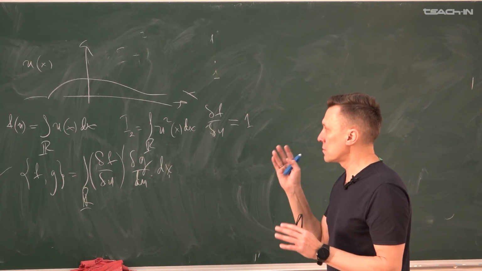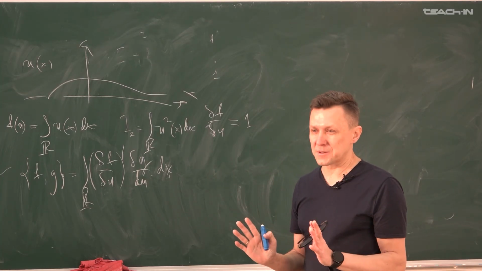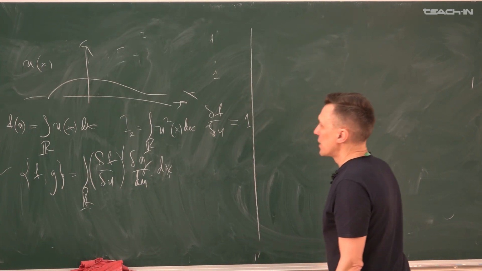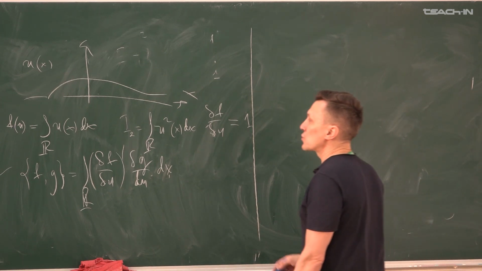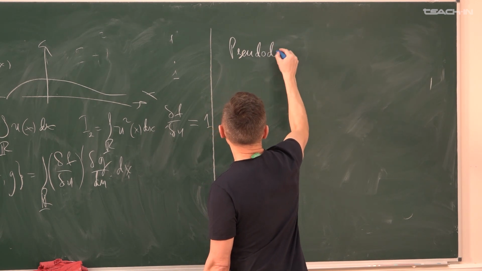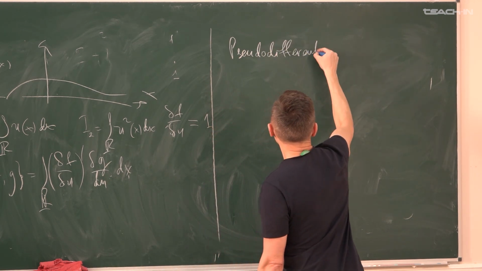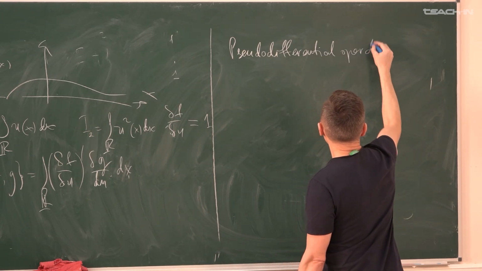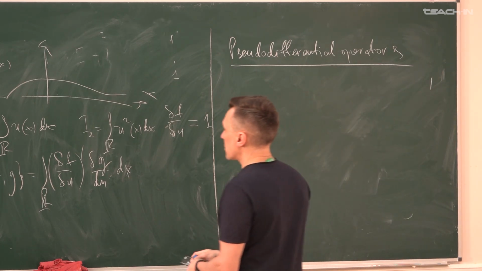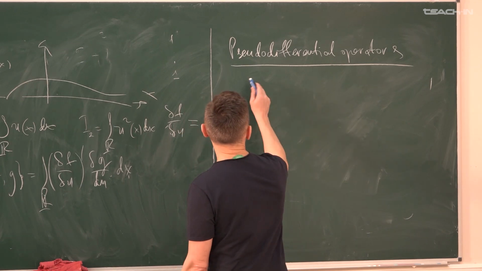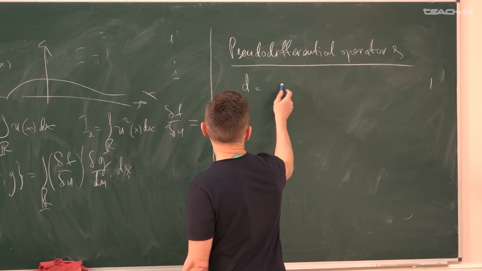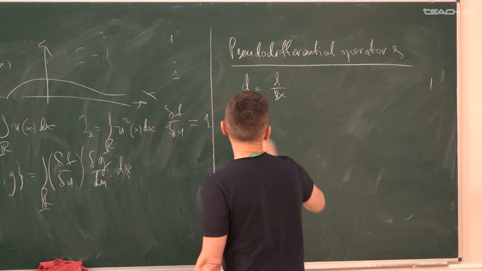I'd like to give you some initial portion of the algebraic structure behind this equation, and it is related to the technique of pseudo-differential operators. We have the differential operator d, which is d over dx.